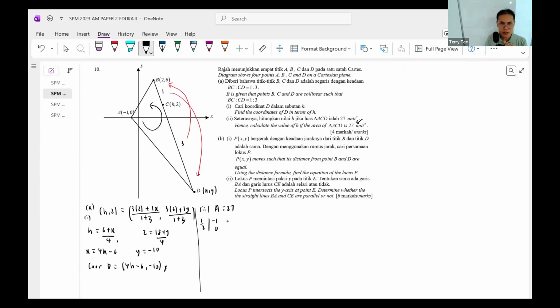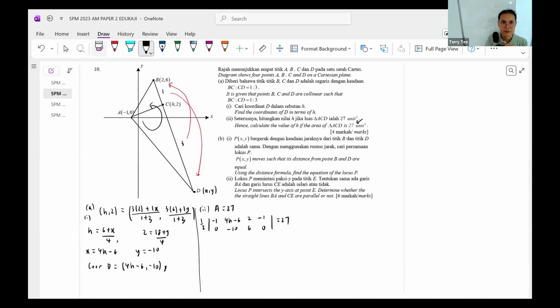So I use point A first. Then I use point D. What's your D? 4h minus 6, negative 10. And C is h, 2. Repeat the first point. The result is 27. Okay, sorry, did I say it wrongly? It's ACD, not ABD. Sorry, I said it wrongly.